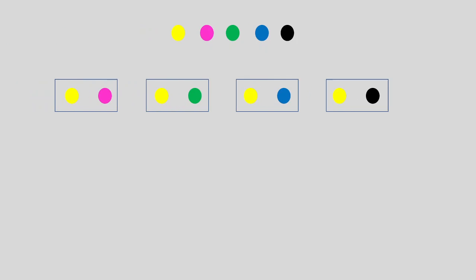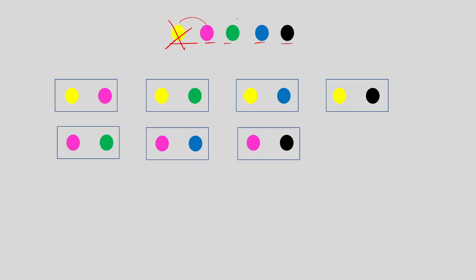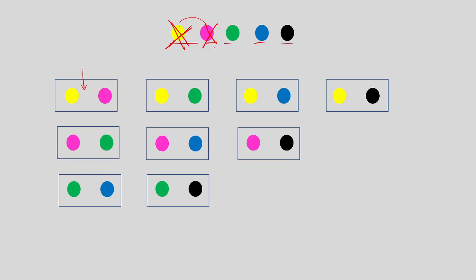Let me show you how 10, because we can count it in a way like suppose you take these 5 spheres and you start thinking about pairs. Let's first think of pairs with yellow. Then you can have these 4 pairs: yellow and pink, yellow and green, yellow and blue, and yellow and black. Then let's discard yellow and think about pairs with pink. Notice as we have discarded the yellow, we won't have the yellow and pink again. So we have pink green, pink blue, and pink black, and then we can discard the pink and think with green.